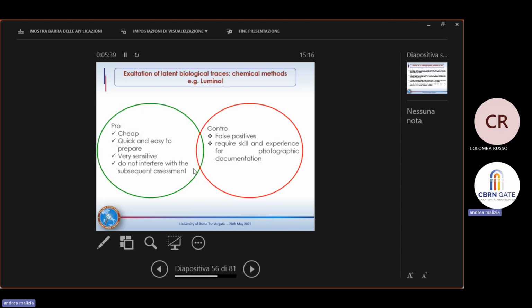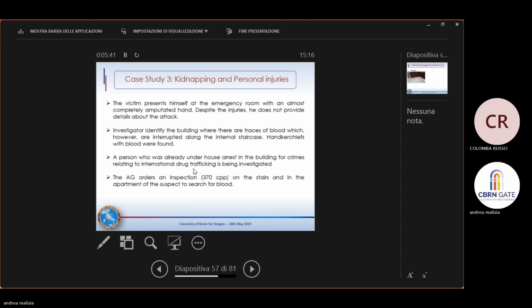The judge ordered an inspection on the stairs and in the apartment of the suspect to search for blood. So we did an inspection at this crime scene to look for what? To look for blood of the victim, to demonstrate that the crime happened there.